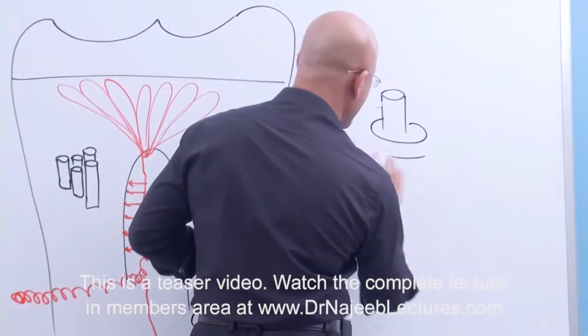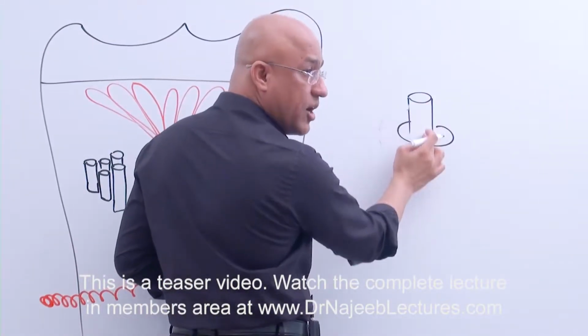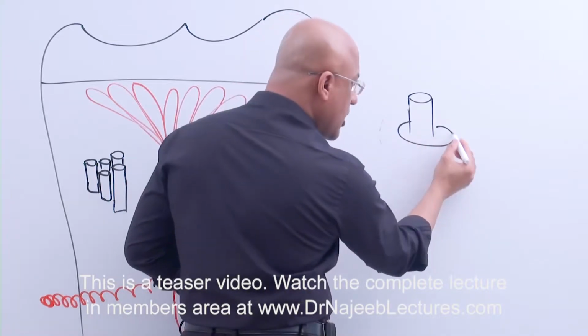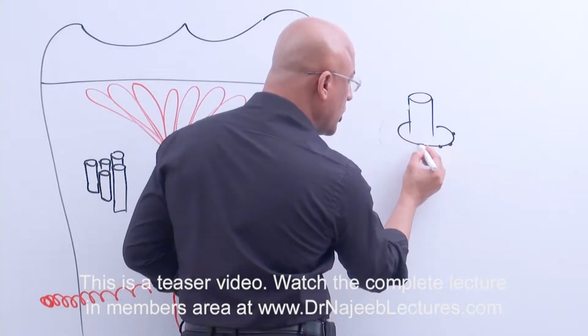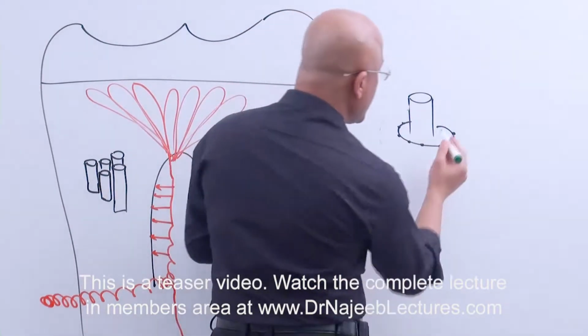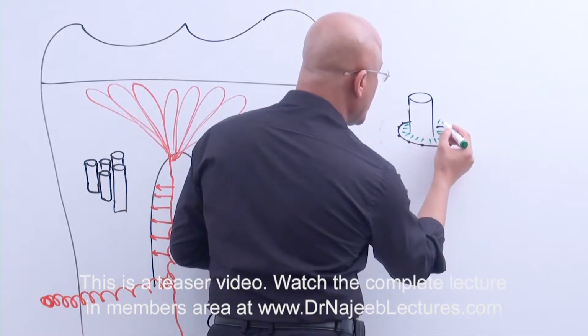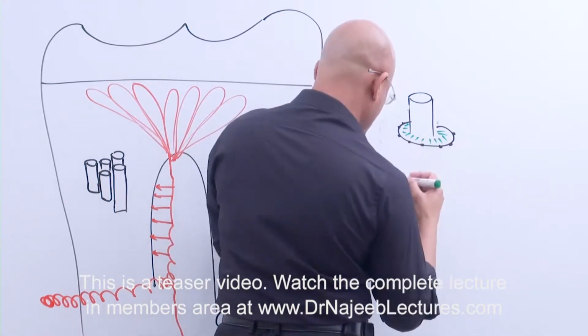Around it, there is a canal in which there are blood vessels and nerves and lymphatics. Around it are cells, osteocytes, and this is the bone matrix. What is it? Bone matrix, right?